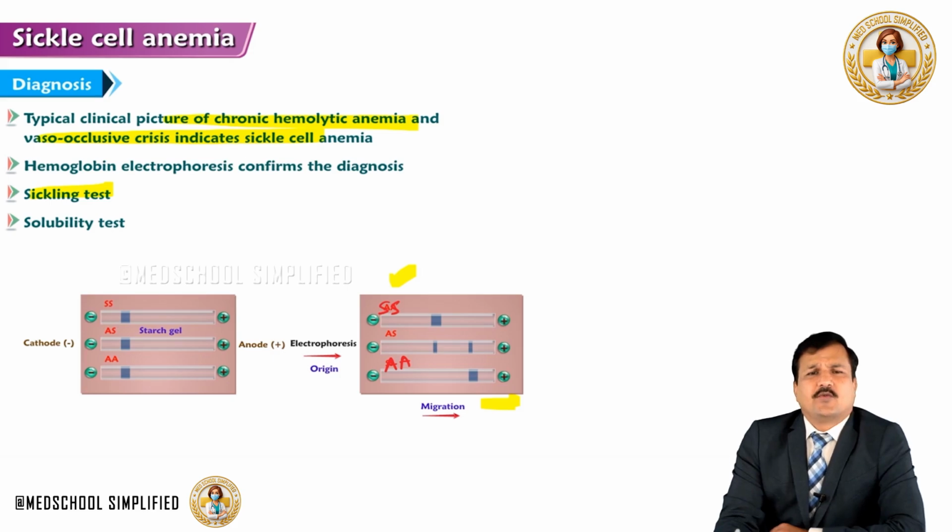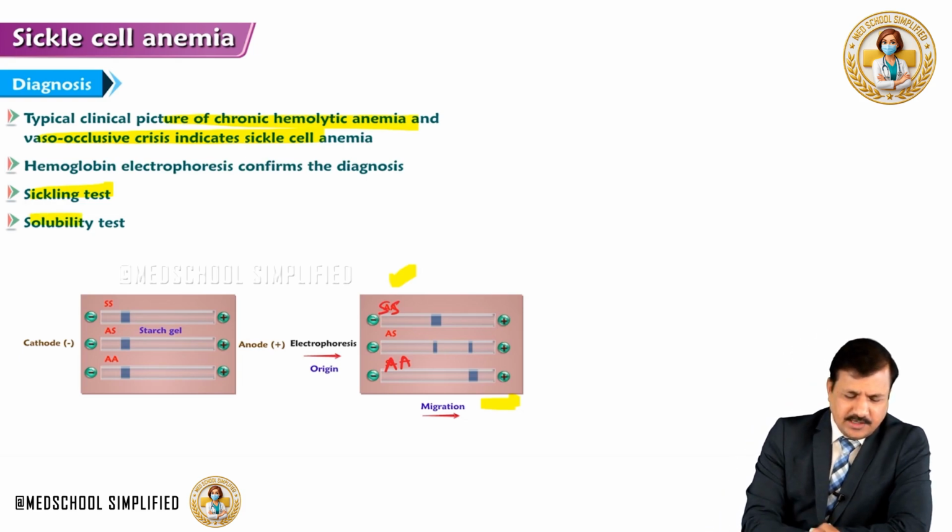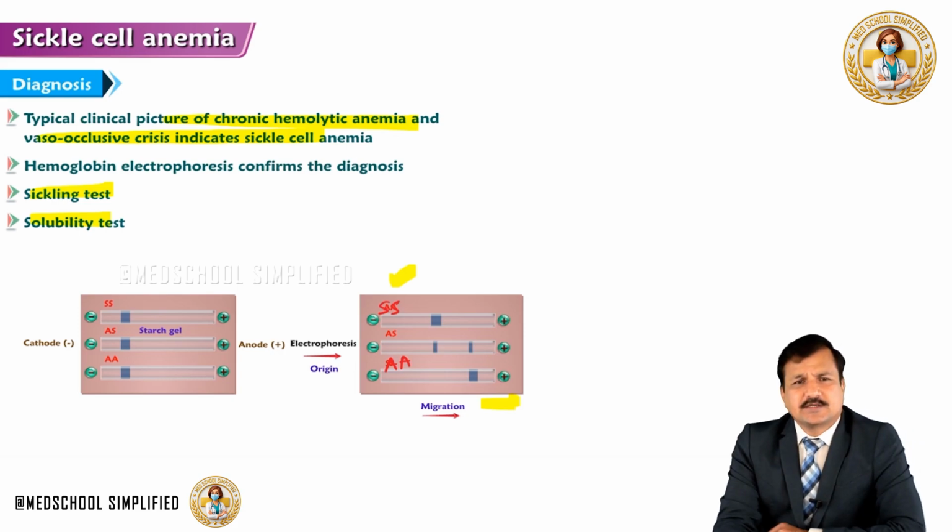In this test, when a blood smear is exposed to low oxygen tension by adding a reducing agent like sodium dithionite, the red cells respond by changing to sickle shape, and this is what is referred to as sickling test. Now another test that we can do is solubility test.